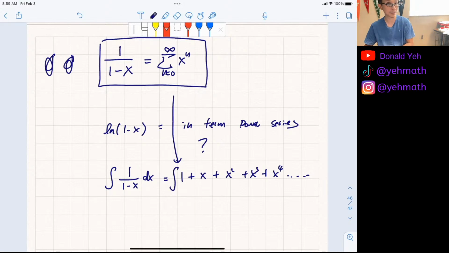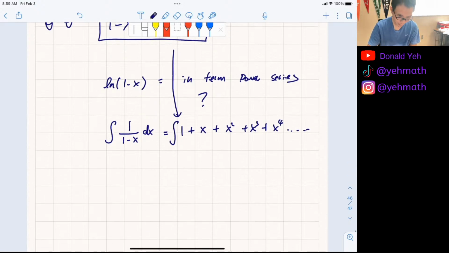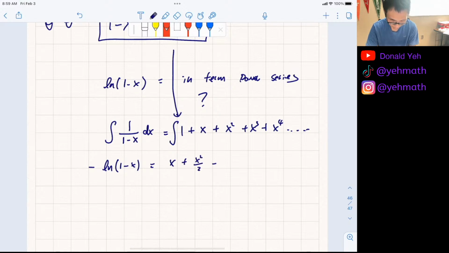Because of the u substitution, it has to be this. If I integrate that, I get this. Now, what happens if I integrate this? x plus x squared over 2 plus x cubed over 3 plus x to the fourth over 4, and so on.